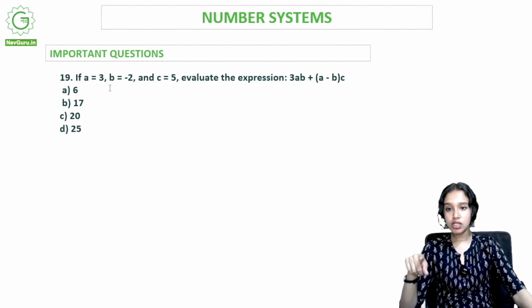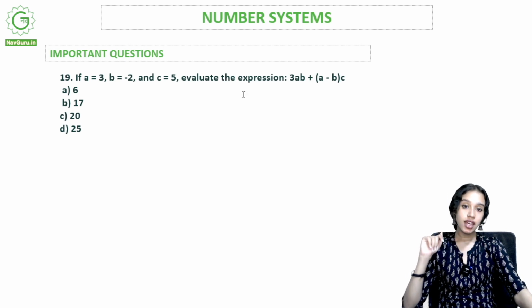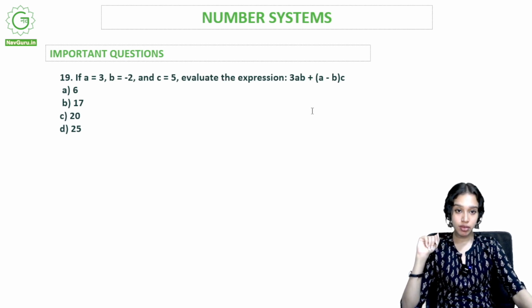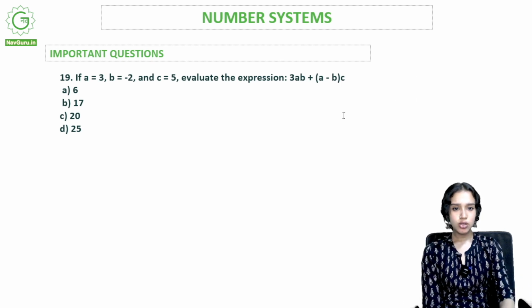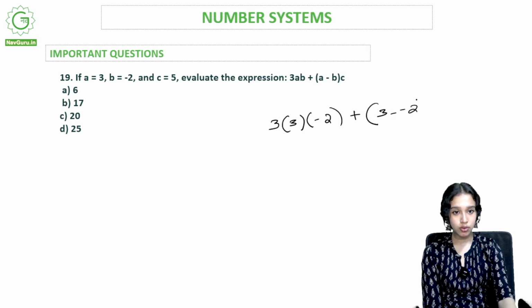If a equal to 3, b equal to minus 2 and c equal to 5, evaluate the expression 3ab plus a minus b into c. So we don't have to do anything other than BODMAS rule again here. Just substitute the values: a is 3, b is minus 2, plus a minus b means 3 minus minus 2 into 5.